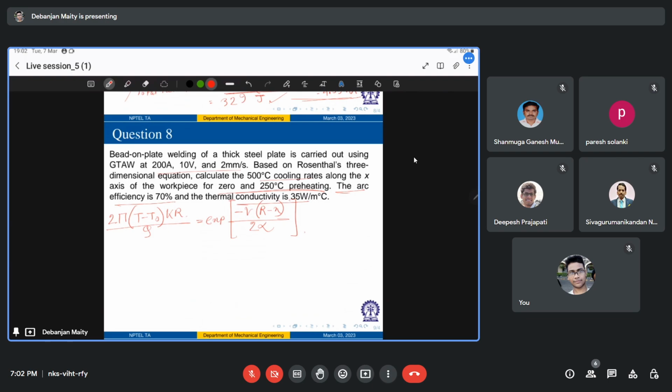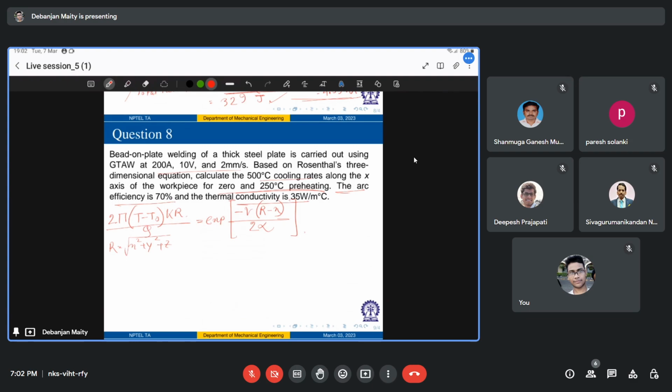I'm just copying the equation of Rosenthal in 3D. Here r is basically the radial distance from the origin. For a given material and a given welding condition, an isotherm T on a plane at a given x has a radius of r.